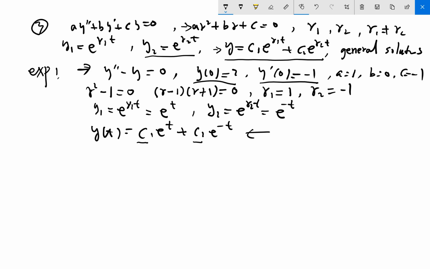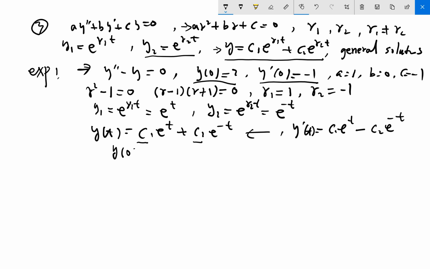Let's take the derivative first. So y prime t is equal to C1 e to the t plus C2 times e to the negative t, and the derivative gives you a negative.